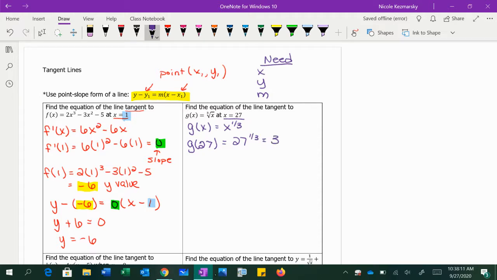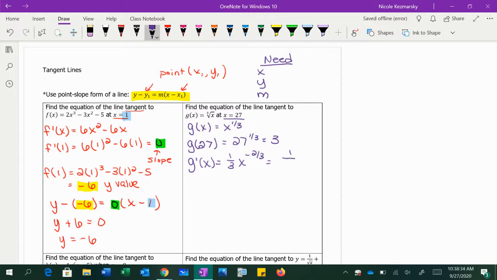Then I need a slope. So I'm going to say g prime of x, and I'm going to take the derivative, which is 1/3 x to the, let's see, 1/3 minus 1 is 1/3 minus 3/3, so that's negative 2/3. I'm going to rewrite that.